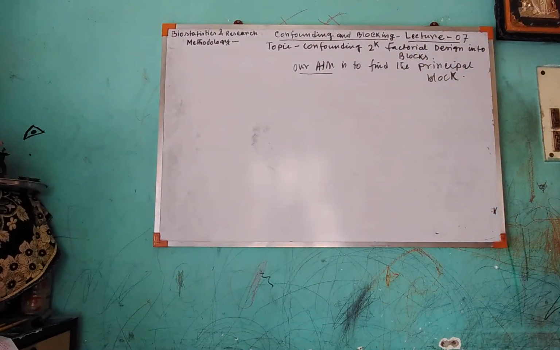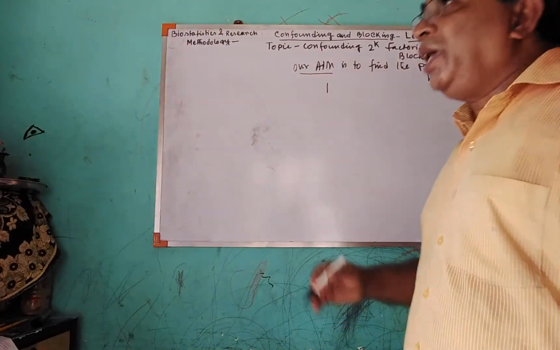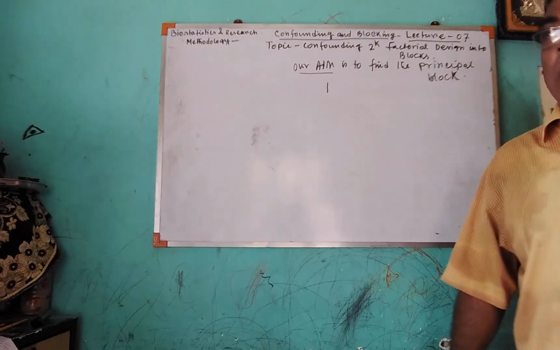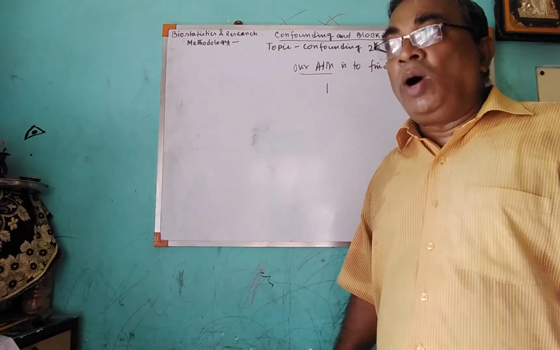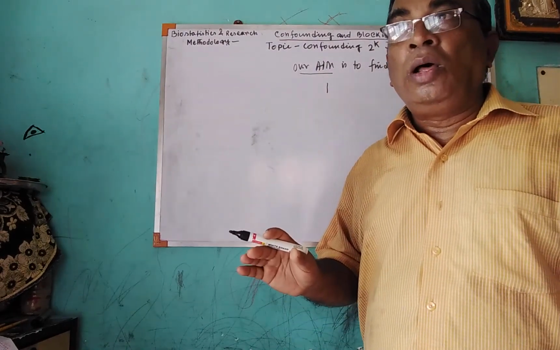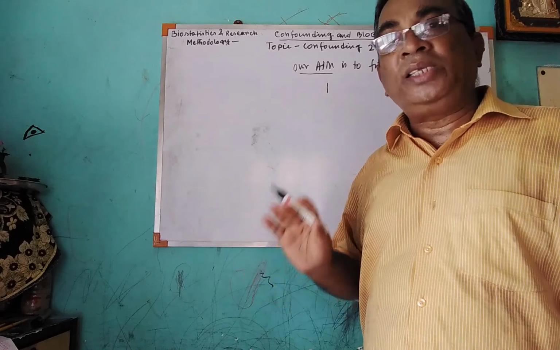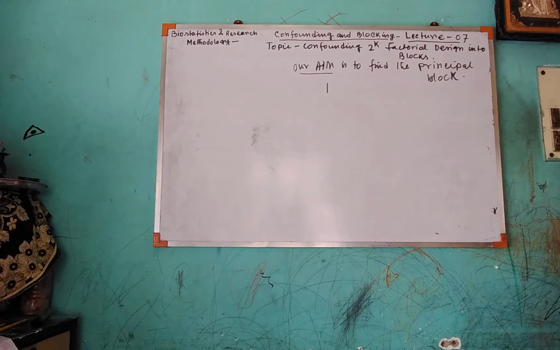Okay. So 1 means, suppose there are three factors, each factor having two levels, lower level and higher level. 1 means we are using the lower level of each factor. That is known as 1. So 1 is always in principal block. Okay, no issue about it.